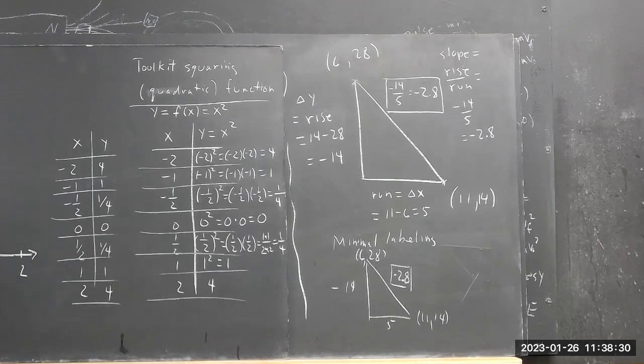Now, without going into detail, I'm just kind of slopping this. Everybody knows how to locate points. I don't have to explain this. So there we've got points on the graph.